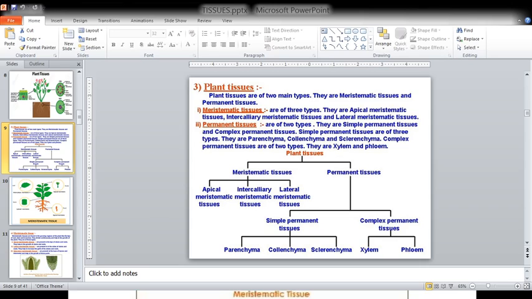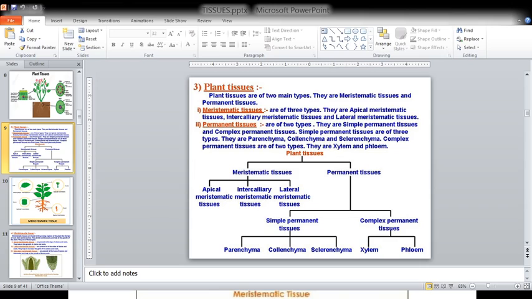So see, what are these types? Okay. So now open your notebook and start to write your short notes, because your short notes will help you in your preparation for the exam. So what are the meristematic tissues? This kind of tissues are growing tissues. Okay, they are growing. Means what?